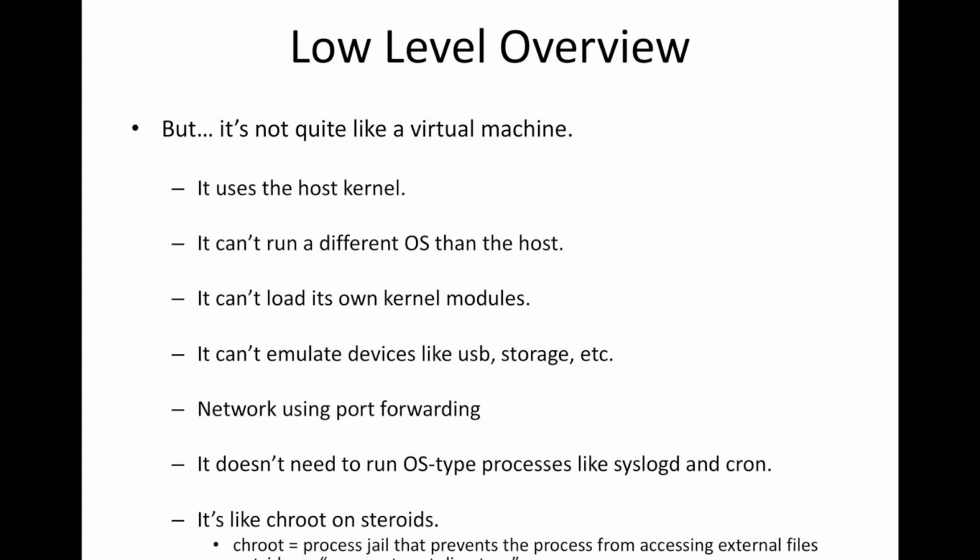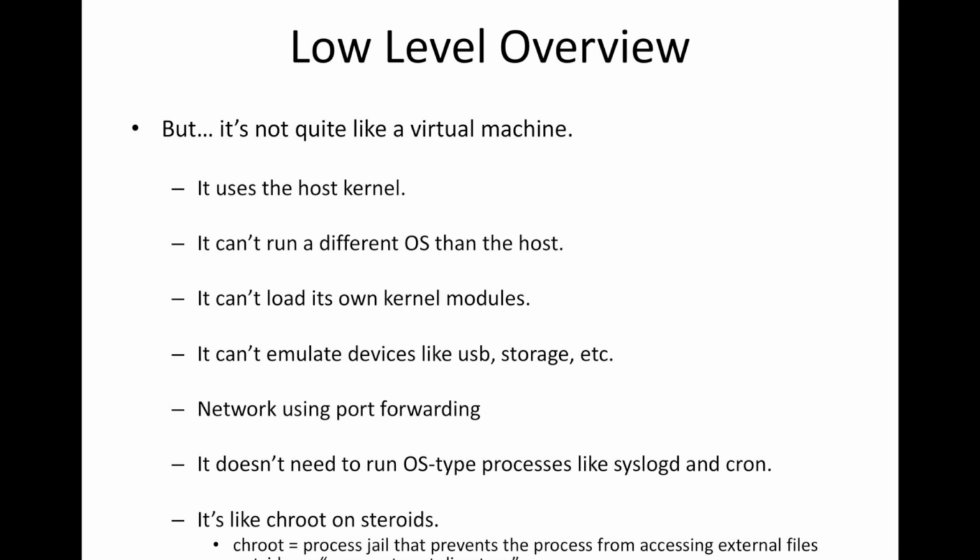The container itself doesn't need to run many of the OS type processes that are running on the host because the container isn't running its own operating system. The container is piggybacking on the host operating system. One of the ways to look at a container is as a super process. It's a very specialized process that is running on a system.